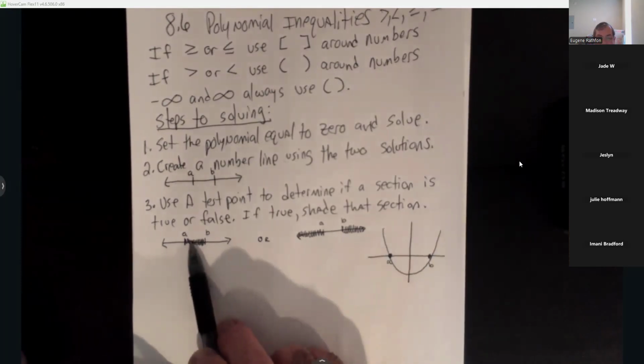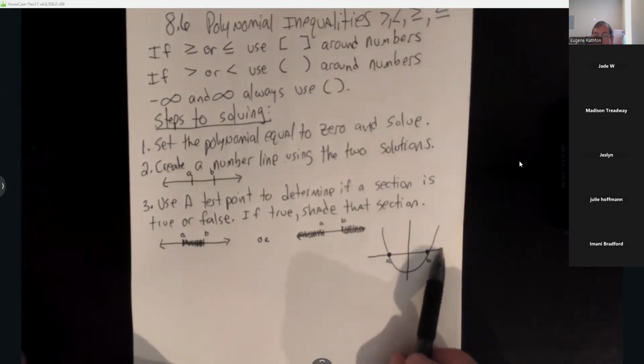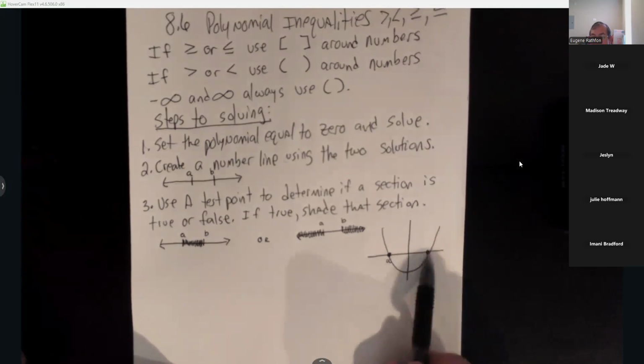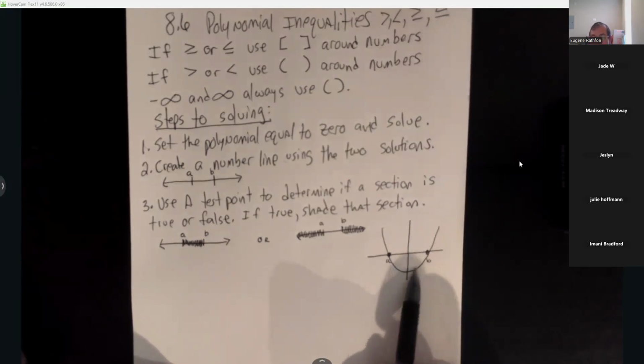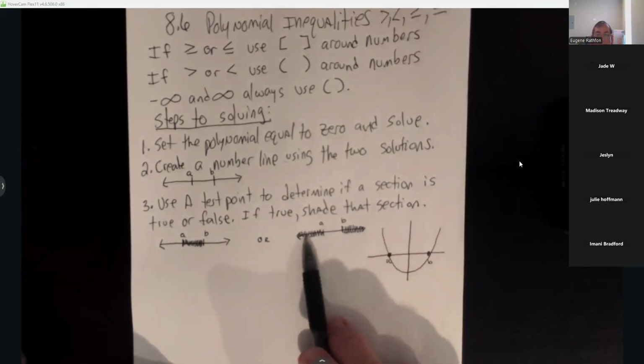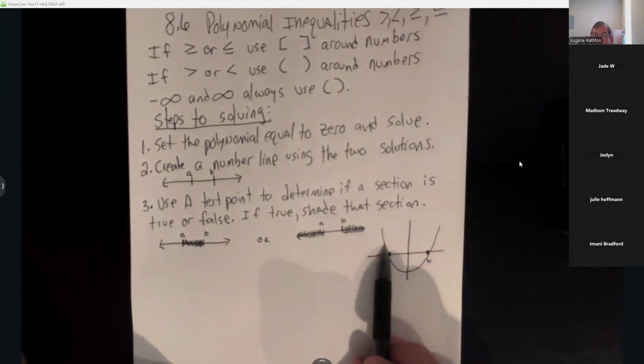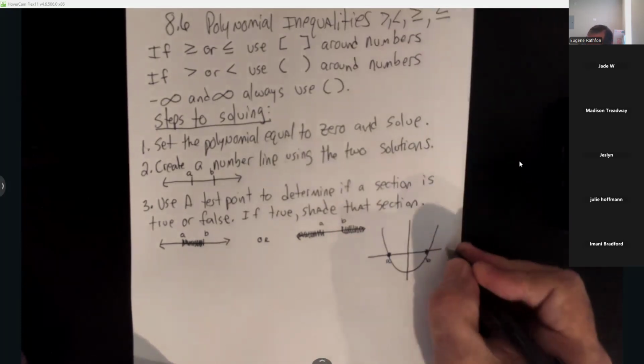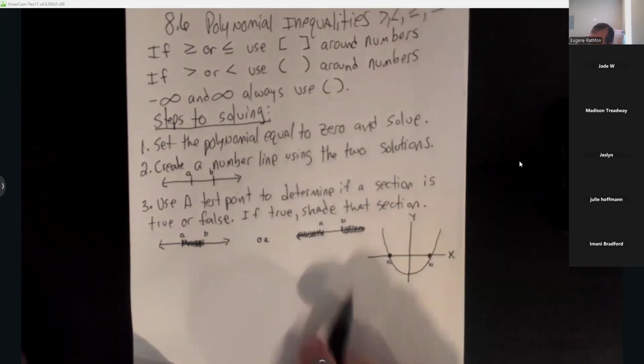Whoops, I mean, for this one to be true, it had to be less than 0, right? Because here's 0. So this part of the graph is below the x-axis. So that's the only part that's less than 0. Now, for this to happen, these two sections right here are greater than 0 because they're above the x-axis. Okay? So that's what you got happening.